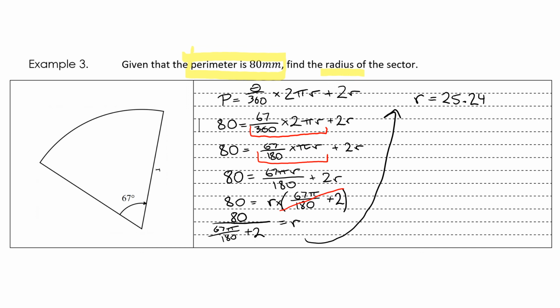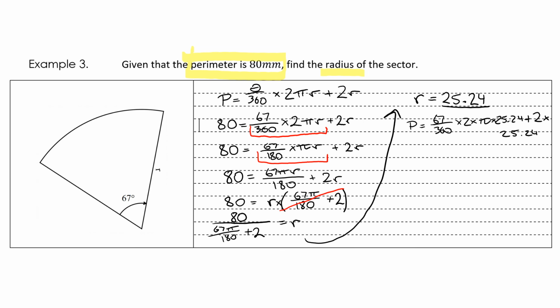So we have our normal formula: perimeter equals, and I'm just going to sub in the value straight away, 67 over 360 times 2 times pi times our radius, which we found up here, 25.24, plus 2 lots of our radius, so 2 times 25.24. Now if we put that all in the calculator, we should hopefully get 80.